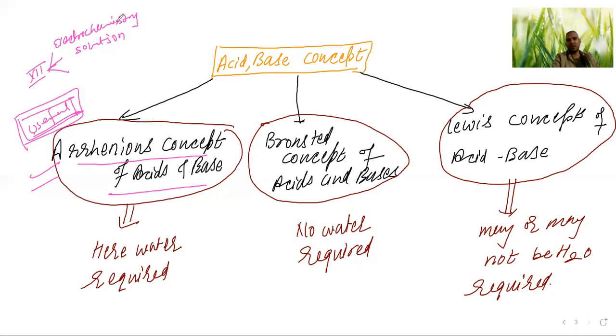The Arrhenius concept and Bronsted concept come up, and in organic chemistry too. I told you about Lewis acid, in the presence of Lewis acid. So these things come when you study organic chemistry also.